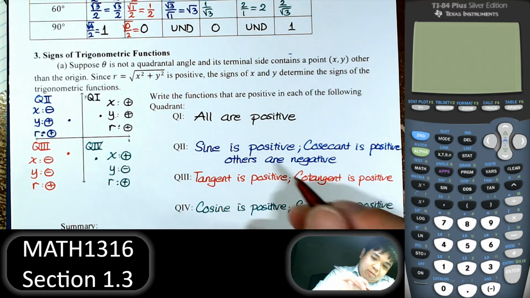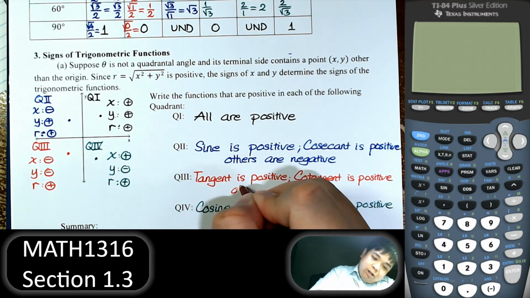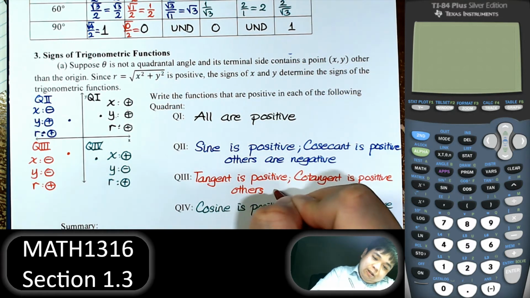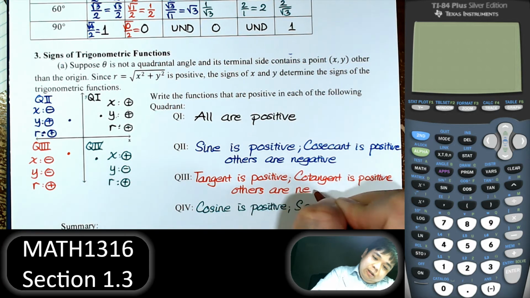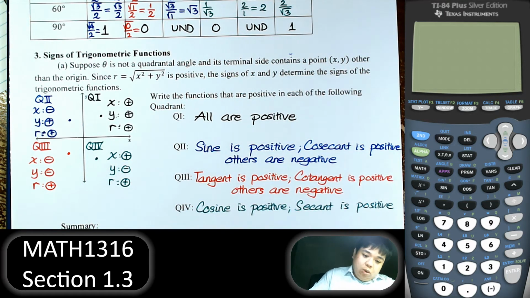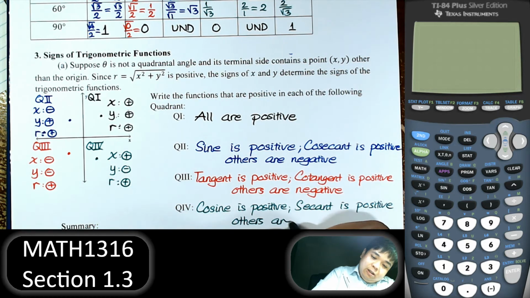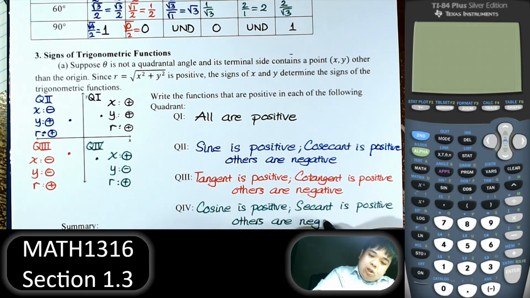Tangent, cotangent are positive. Others are negative. Cosine and secant are positive, others are negative. So we worry about the positive case here.